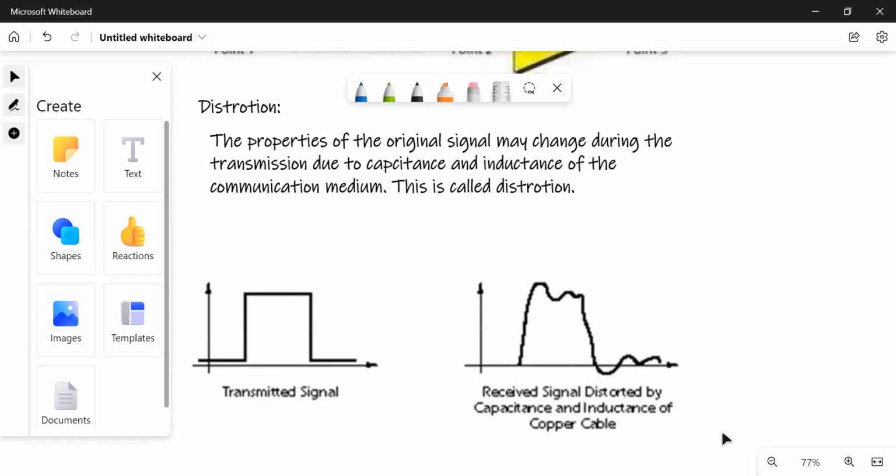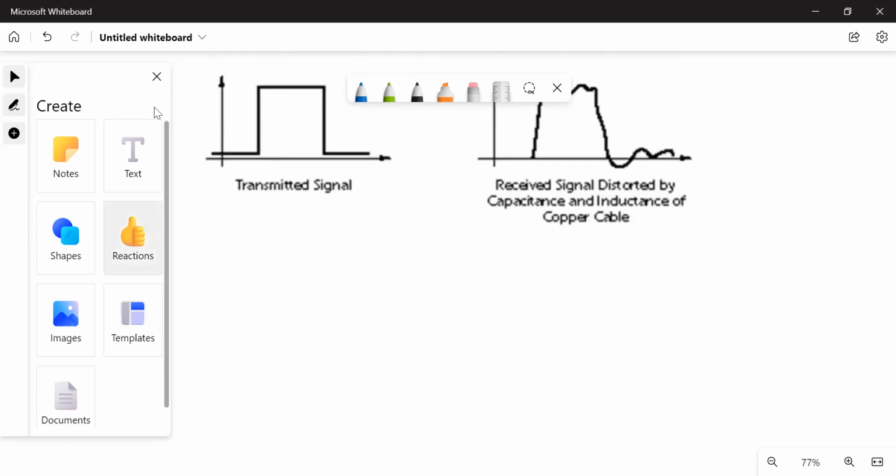Right. The last thing that we are going to discuss is a separate one. Now, for example, simple topology.